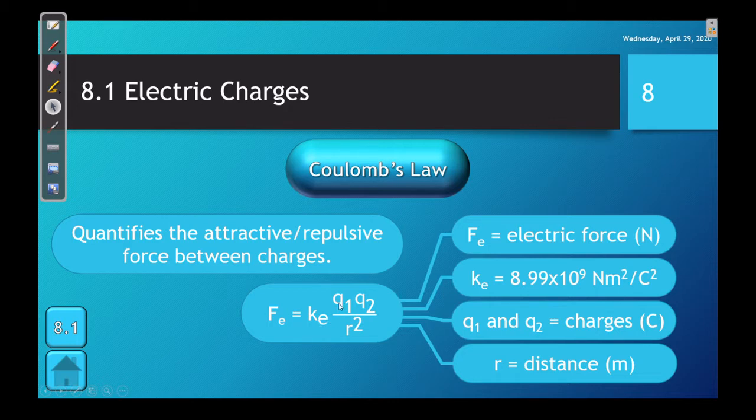And instead of using the masses of two objects, we're using their charges. But the distance between them is still going to be squared. So just like Newton's law of universal gravitation, Coulomb's law is still an inverse square law, which means that whenever you double the distance between two charges, the electric force between them gets reduced to 1/4 of its original value.